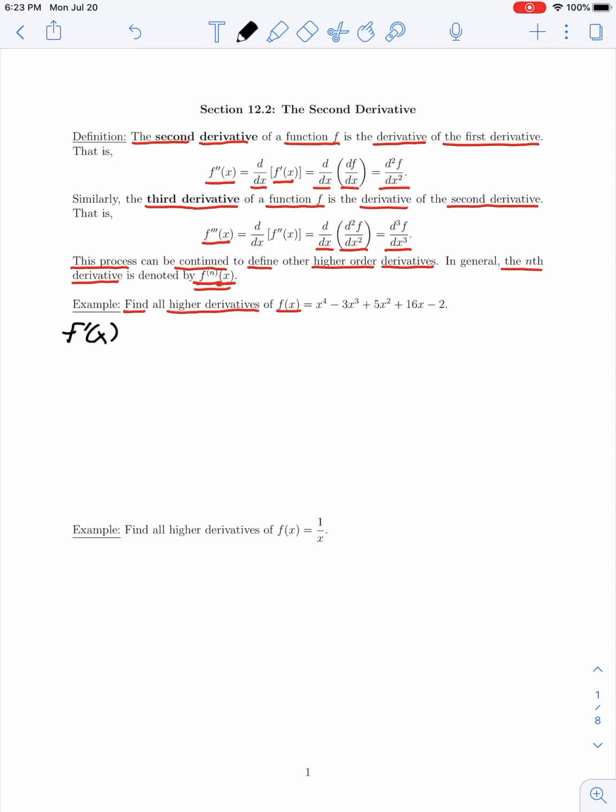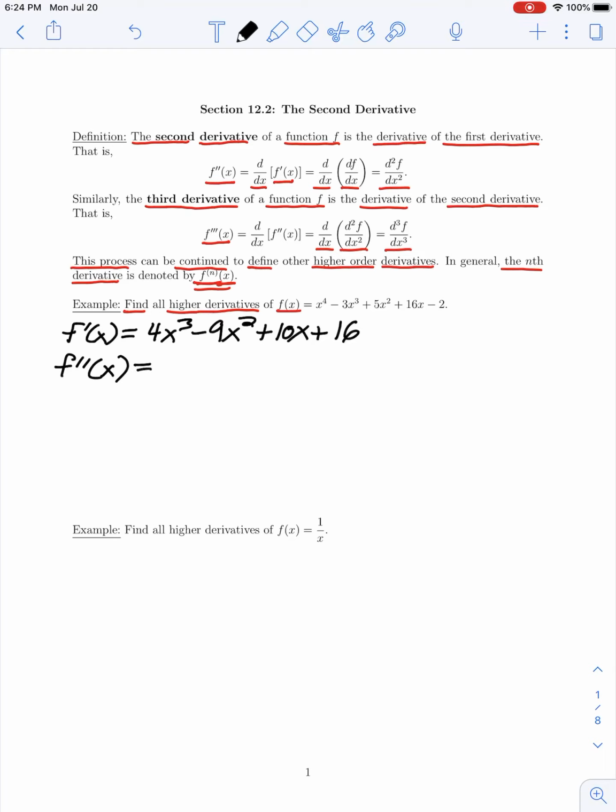Differentiating term by term, f prime of x is 4x cubed minus 9x squared plus 10x to the first plus 16. Then to get our second derivative, f double prime of x, we differentiate the first derivative, f prime.